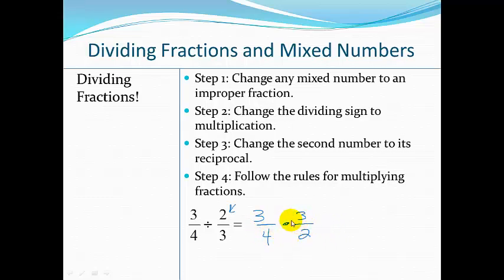And remember, going back to our previous lesson with multiplying fractions, I want to see if there's anything in common that I could simplify, but there isn't. So 3 times 3 is 9. 4 times 2 is 8. And then remember, we want to change this into a mixed number. So 8 goes into 9 once. I have 1 left over 8.